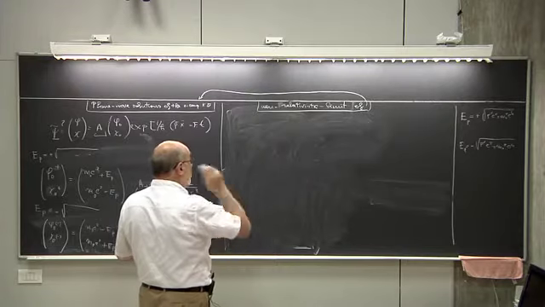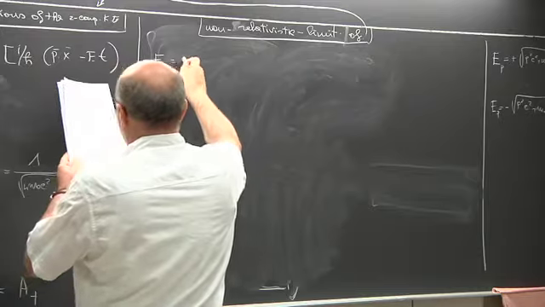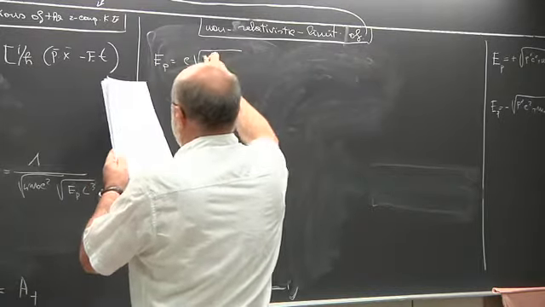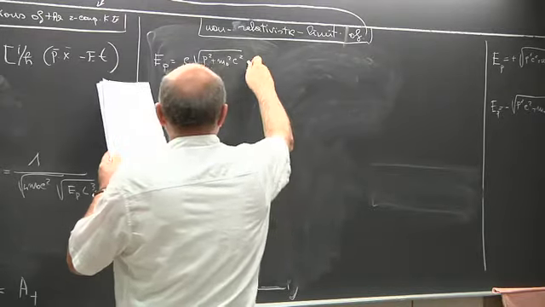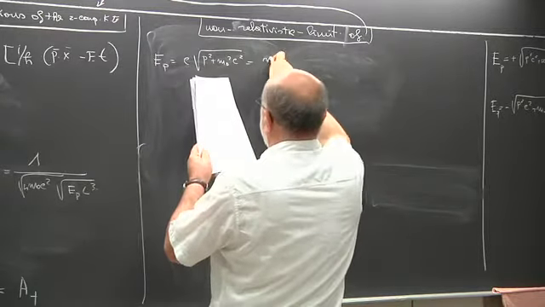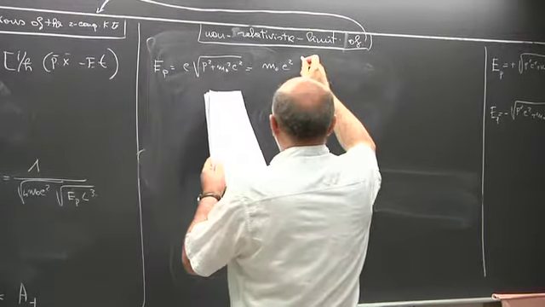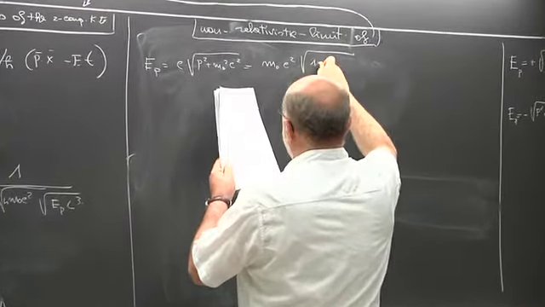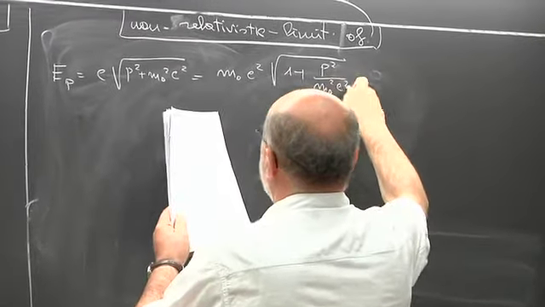Well, first of all, let's do the non-relativistic limit of the energy, the positive energy. It goes as the square root of c squared p squared plus m0 squared c to the fourth. We can factor out m0 c square, so I factor out this, and you get 1 plus p square over m0 square c square.